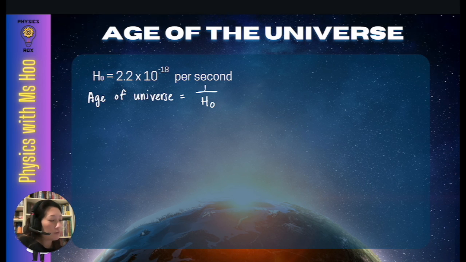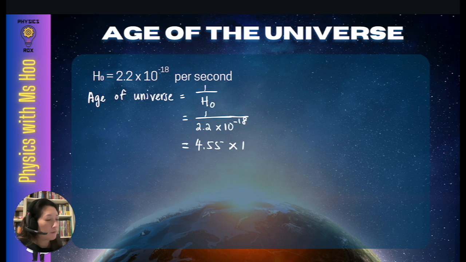Then all you do is substitute the value of the Hubble constant in the equation. 2.2 times 10 to the power of negative 18. Now using your calculator, this is the value you would get. 4.55 times 10 to the power of 17.